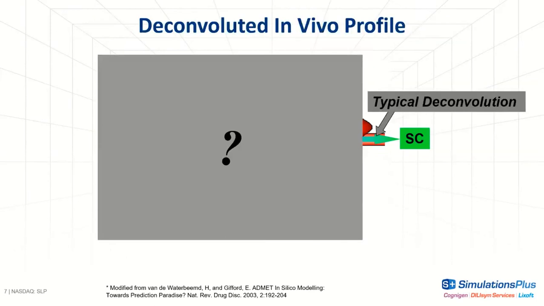In the simplest case, let's say if you simply used in vivo Cp time profiles to deconvolute the in vivo input rate, you are basically lumping everything that was happening between the dissolution and appearing in the systemic circulation into that single rate or the single profile of compound appearing in systemic circulation. And for a good number of drugs and formulations, this works nicely.